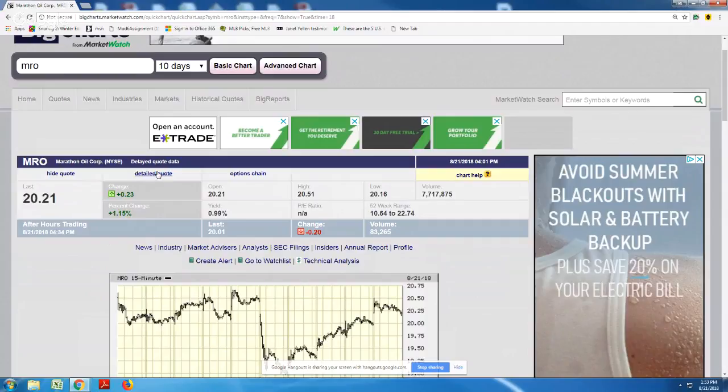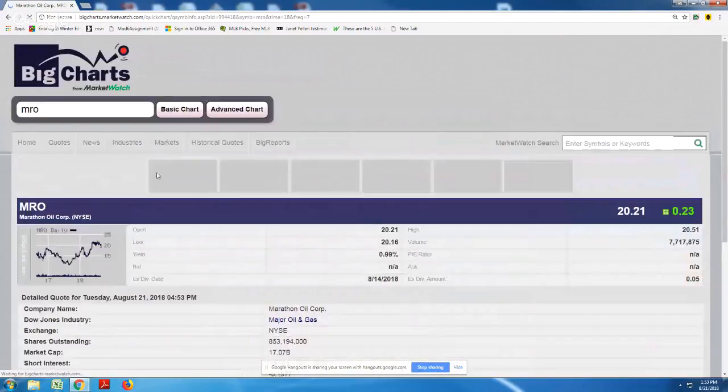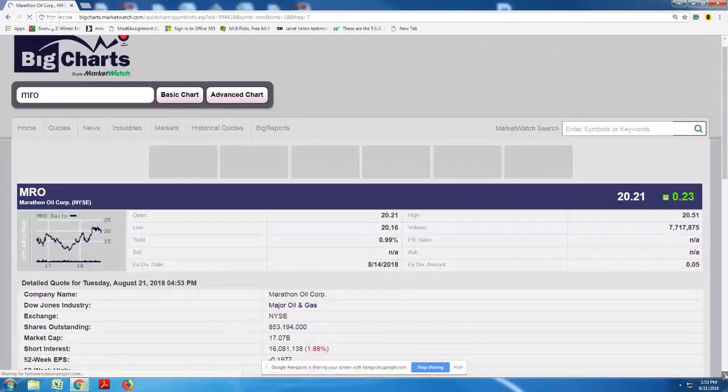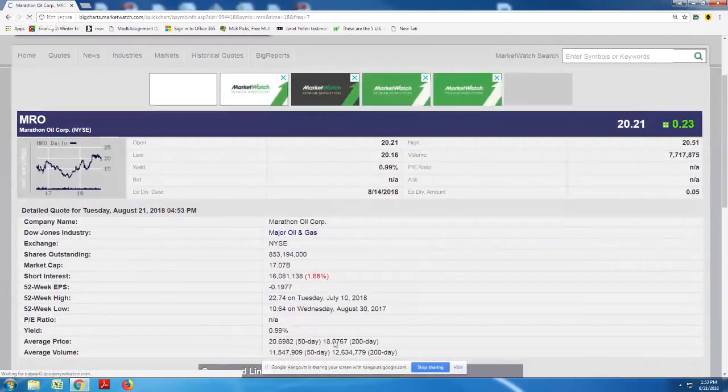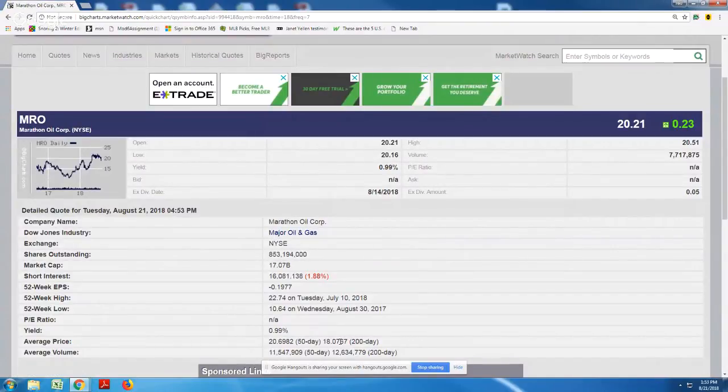And let's just look at the moving averages real quick. Go down here. And you see the 50-day at 20.69 and the 200-day at 18. And you can see it has broken that 20 mark. And now it's back to the 20 mark. So it'll be very important between now and Friday that we start seeing prints of 20 or 20 and a half, 21, and not see prints of under 19.